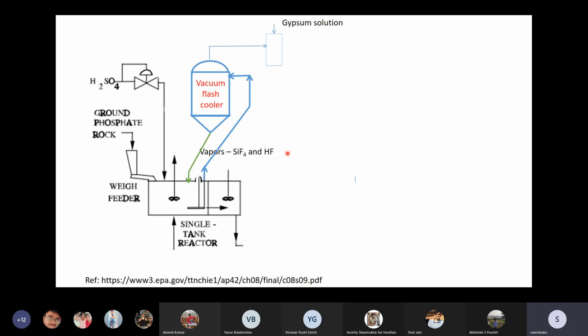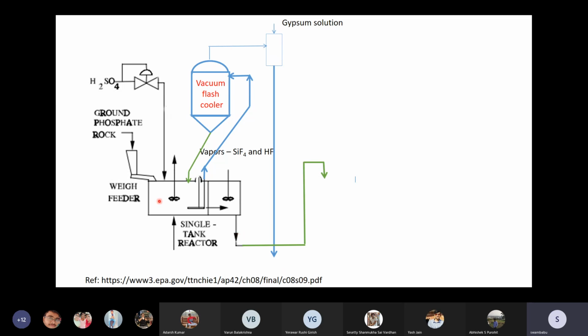Ultimately, we don't want these vapors to go outside. So the gypsum solution is passed, and whatever vapors are collected mix with the gypsum and go outside.